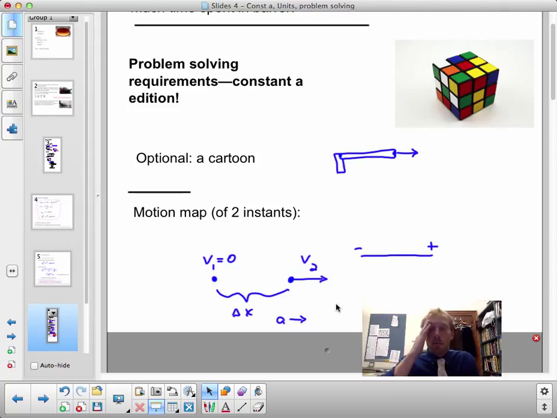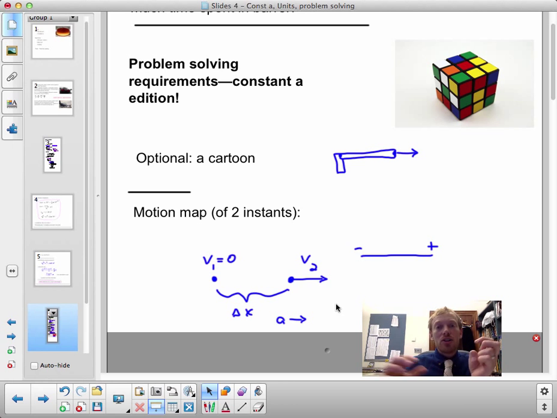For example, motion maps are our qualitative representation for constant acceleration. When we talk about force problems, we're going to have what's called free body diagrams. And so we're going to learn different qualitative representations. The point of a qualitative representation is to strip away all of the information that you don't need and distill down to the essence what's actually going on.